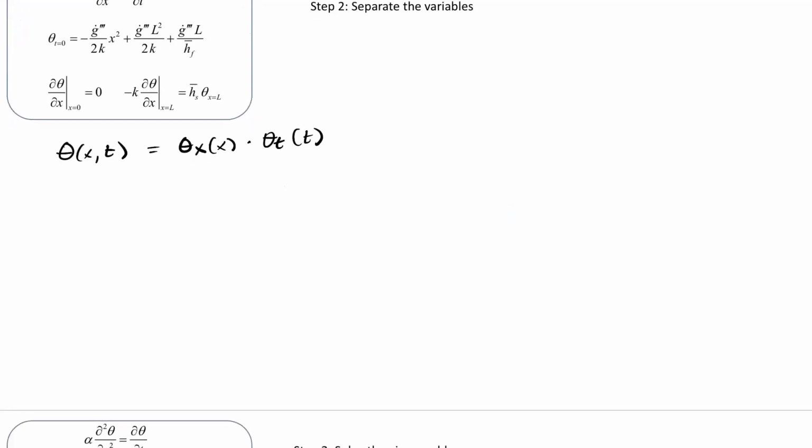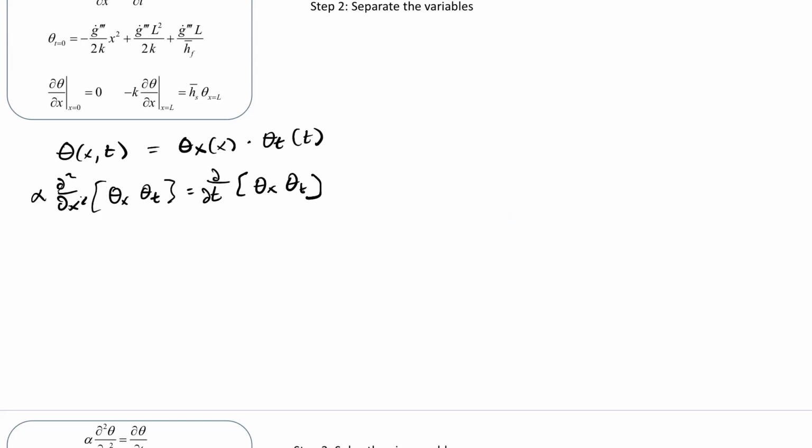So we substitute that in and we end up with alpha times the second derivative with respect to x of theta x times theta t is equal to the first derivative with respect to time of theta x times theta t.